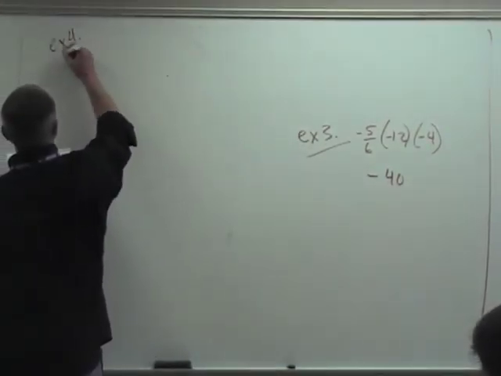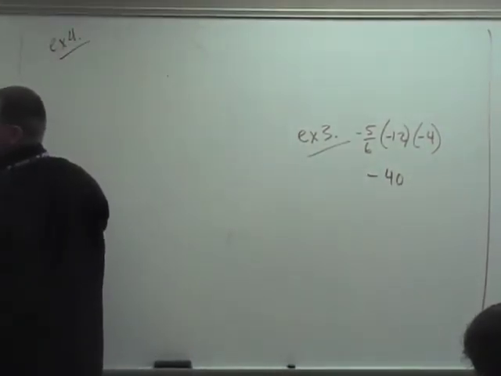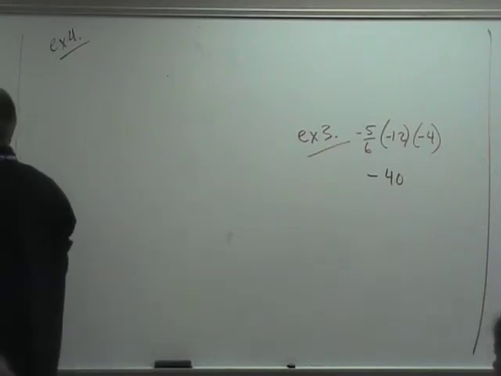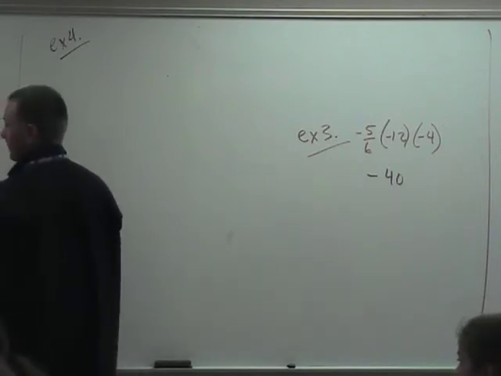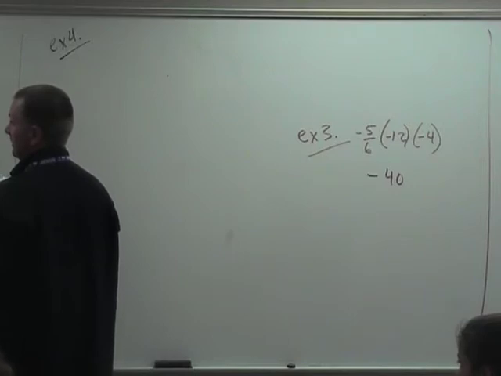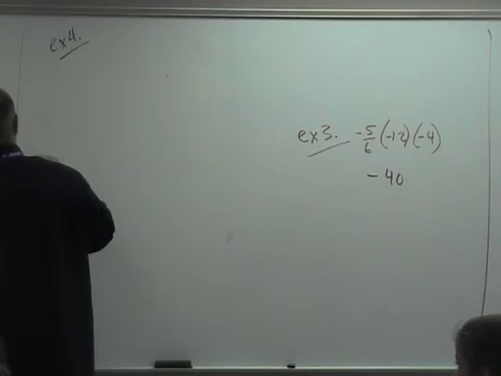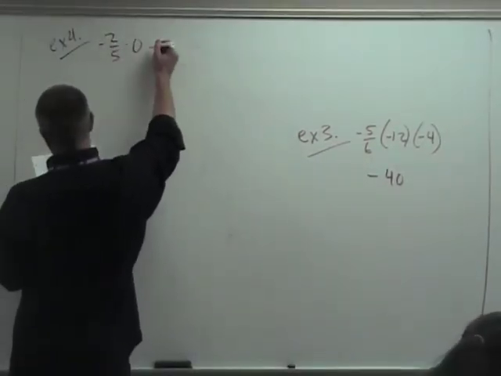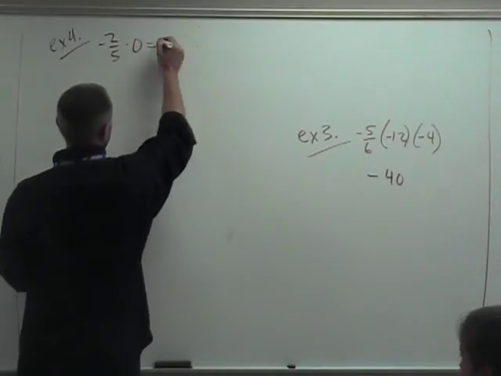Example 4. -2/5 times 0. Everybody, what's the property?